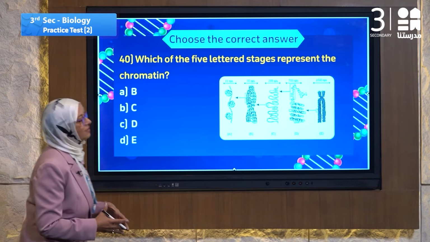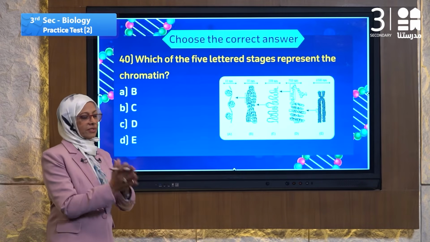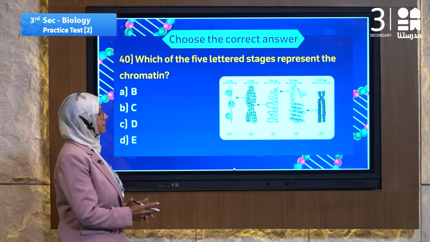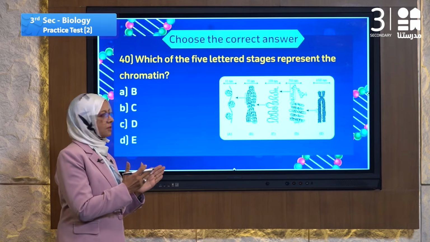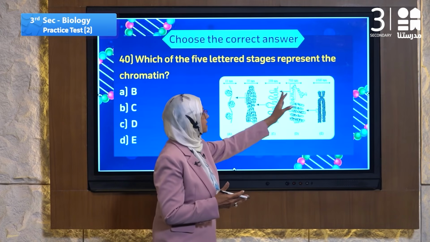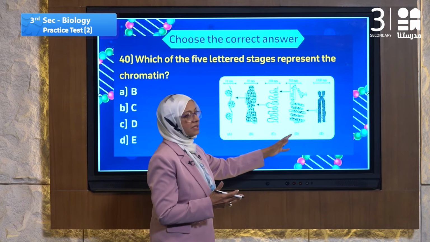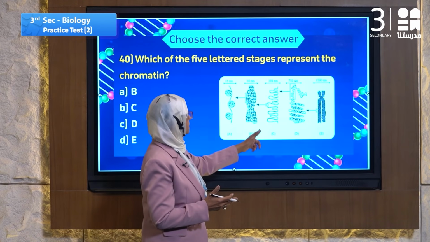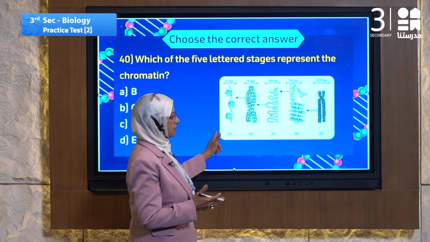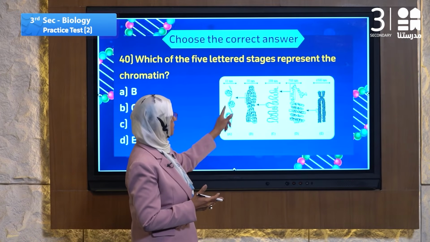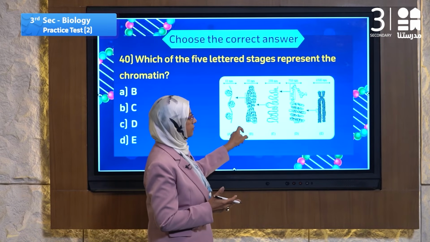40 is a figure. Let's study the figure. By my vision, that's a chromosome. The chromosome consists of condensed parts of chromatin. That's the chromatin, and that is the DNA coiled on a histone, and the condensed parts of DNA coiled on a histone.